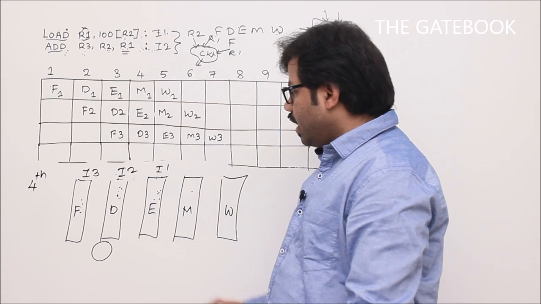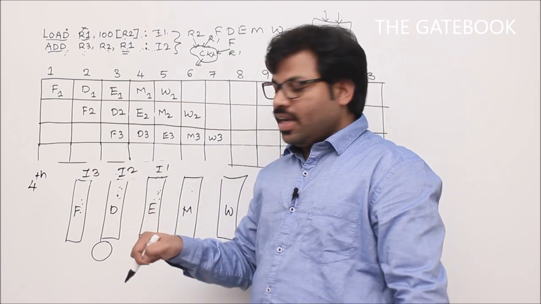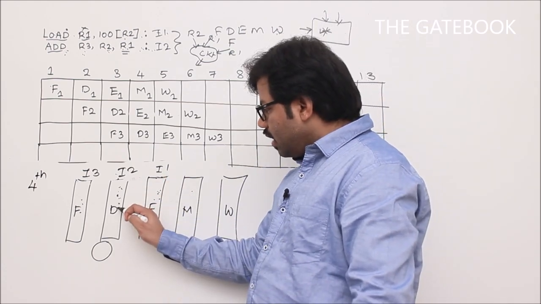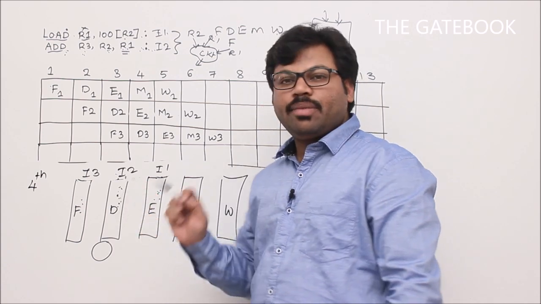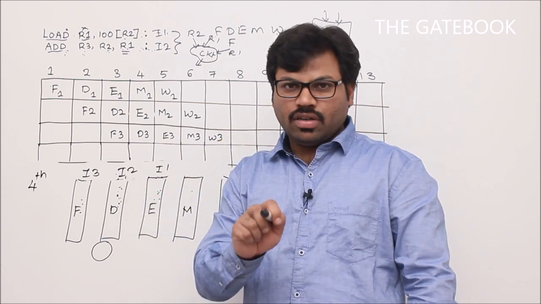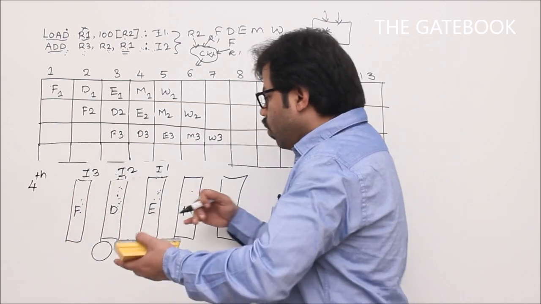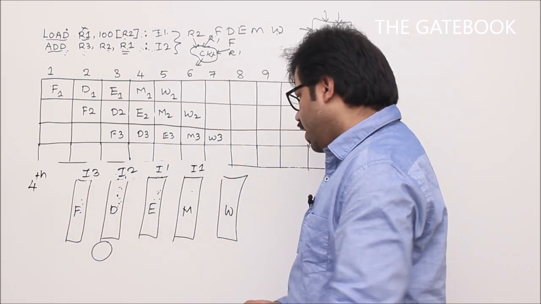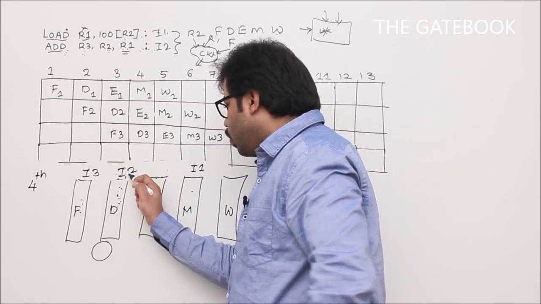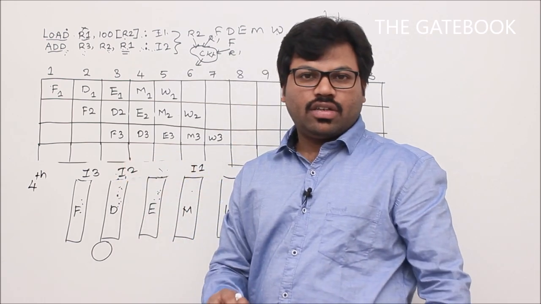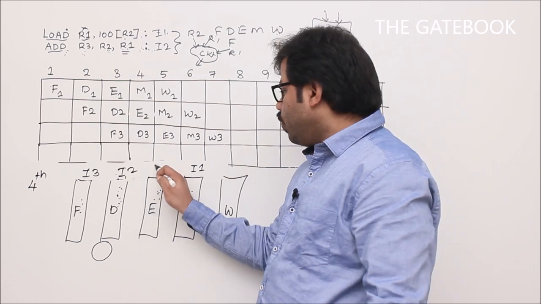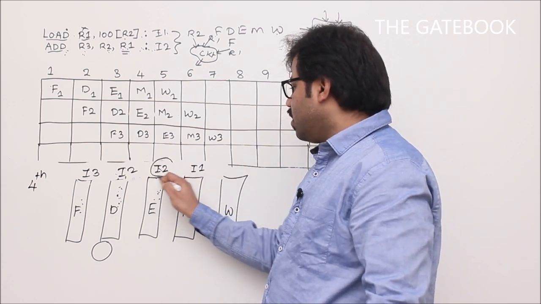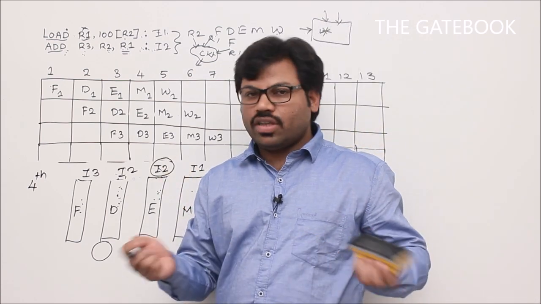Now at the fourth clock cycle, what we have to do is important. By the third clock cycle you realize that this instruction I2 has a problem. We have to stop it. To stop it, in the fourth clock cycle, we send I1 as it is to memory, but we don't send I2 as it is to execution. What do we send then? I2 with all dummy signals. We don't send the original signals.